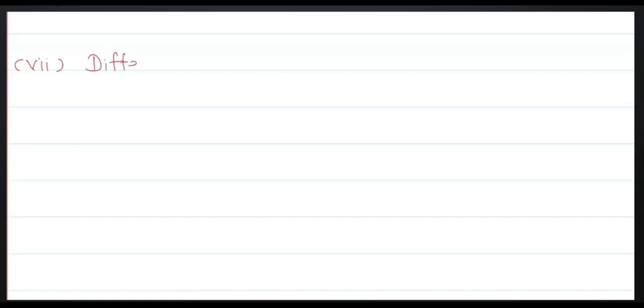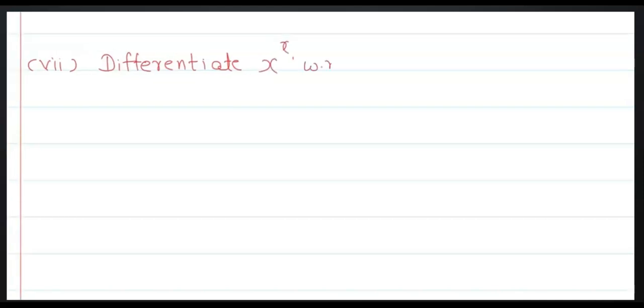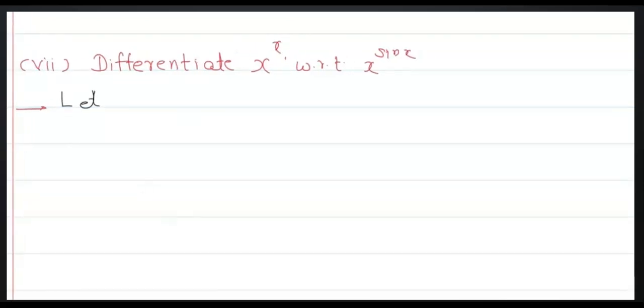Now the next is the seventh problem. Differentiate x raised to x with respect to x raised to sin x. Now we have found the derivative of x raised to x a number of times, that is in exercise 1.3.